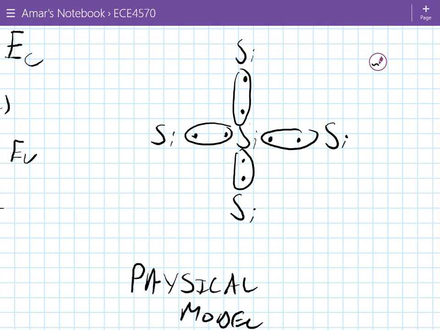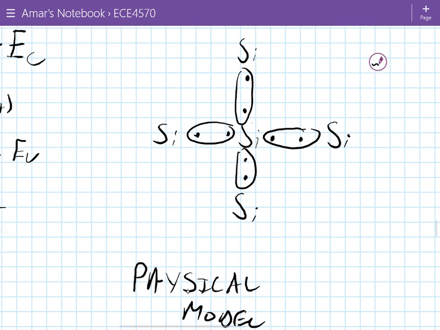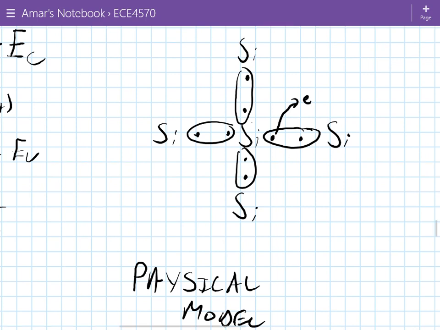Now, if this electron obtains enough energy, if you remember from chemistry, an electron can be broken away from this bond. When that happens, we have a free electron here, which has a net negative charge. And then we have an incomplete bond.